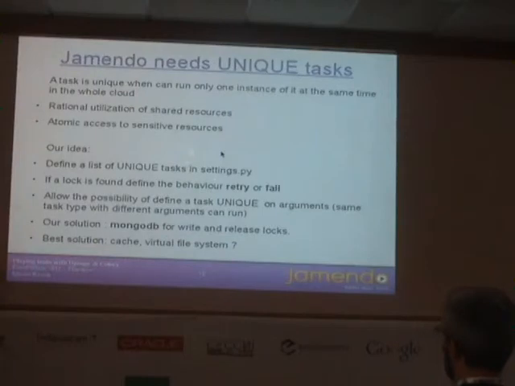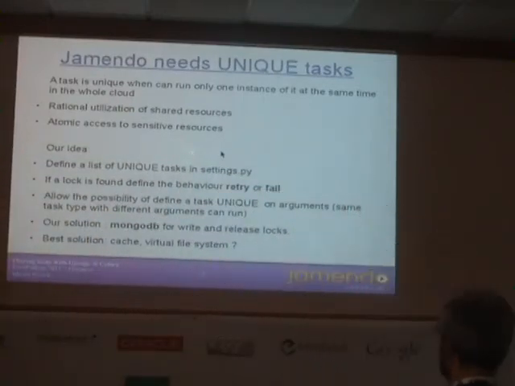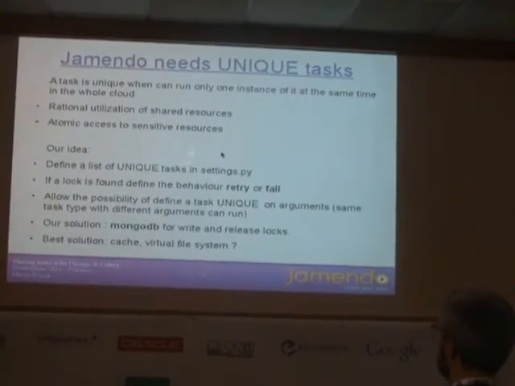Then we just define a list of settings to say, you have to be unique on your arguments. This means that you can calculate stats of two different albums at the same time, but not of the same album, because they are going to use some common resources, and you can have wrong numbers in your stats or other problems. Okay, our solution maybe is not the best.